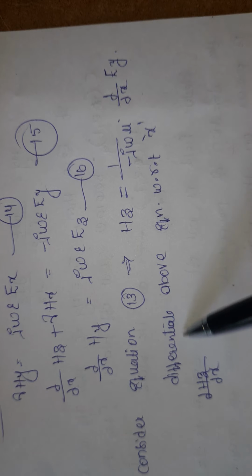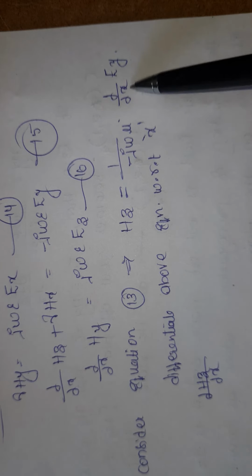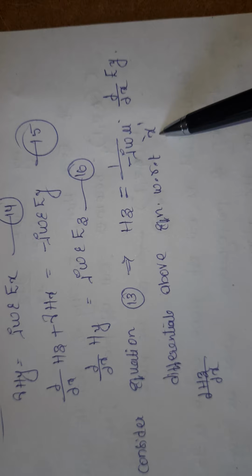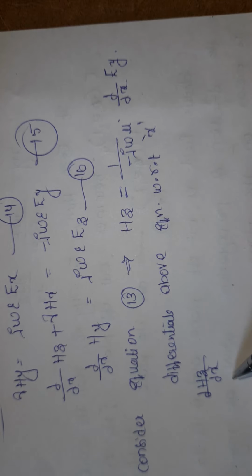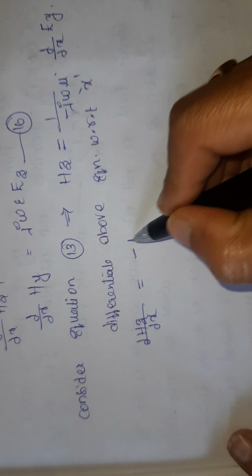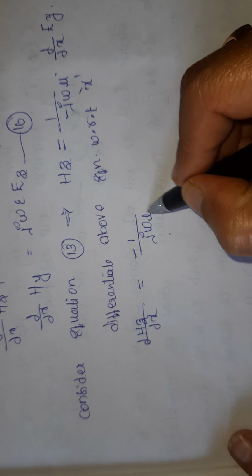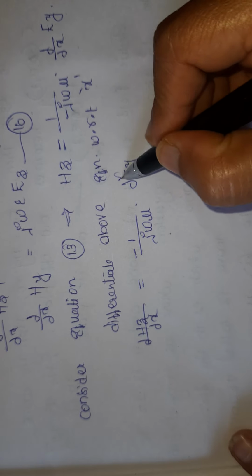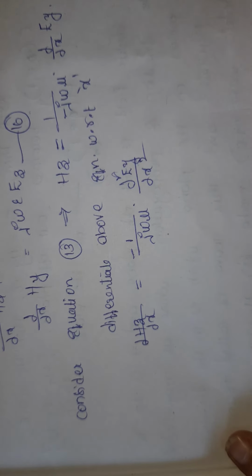Now we have to differentiate the expression with respect to x. If I differentiate this equation with respect to x, I'll get dou Hz by dou x is equal to minus 1 by j omega mu into dou square Ey by dou x square.